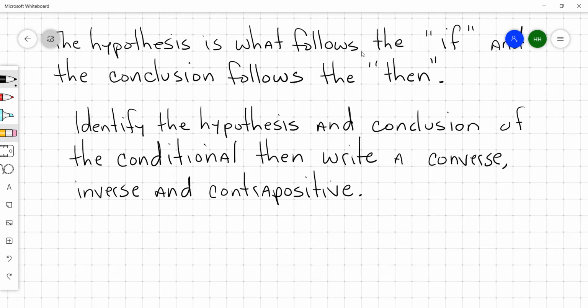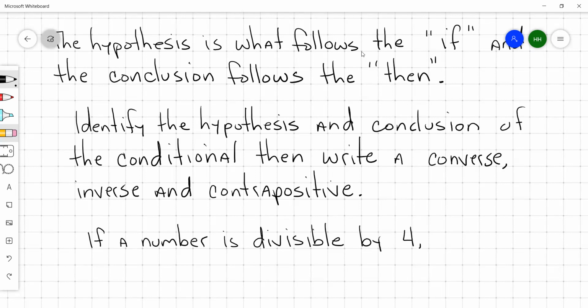All right. So let's say you're given this statement. If a number is divisible by 4, then it is divisible by 2.